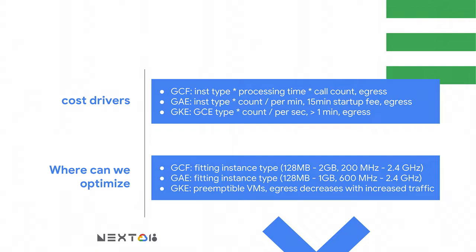Now, for Kubernetes Engine, we price the egress based on our standard networking prices. The networking prices are such that the more traffic you have, the lower the price goes for egress. So consider that if you have a big application which gets viral, your application will become cheaper over time the more traffic you get if you run it on Kubernetes versus App Engine or Google Cloud Function.